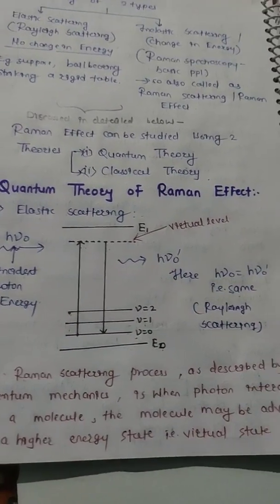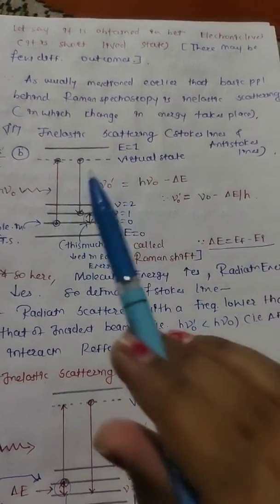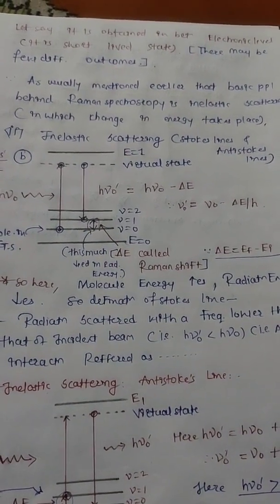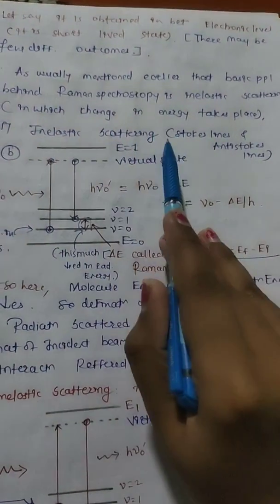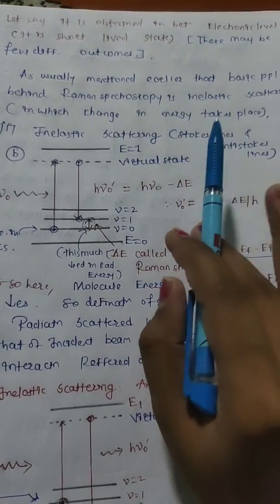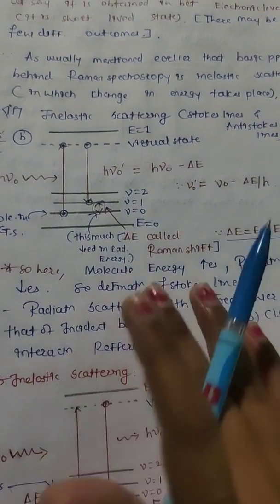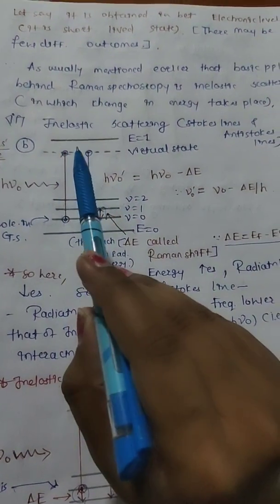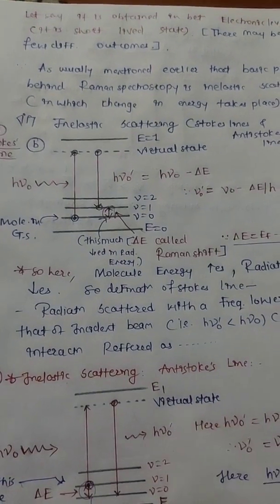Then we come to our next important topic, inelastic scattering. That is the basic principle behind Raman spectroscopy, which we call Raman scattering or the Raman effect. In this topic, two main cases are observed: first is the Stokes line, and the second one is the anti-Stokes line.